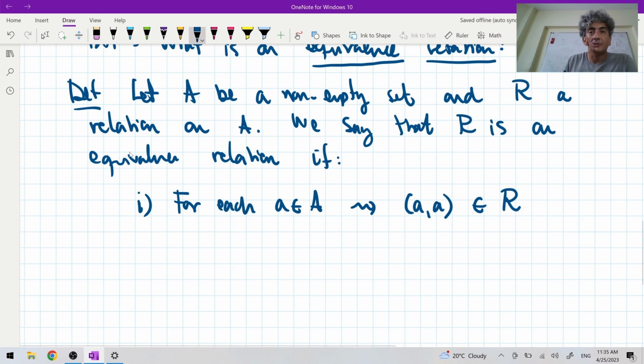Sometimes we're going to mention this property with a different name.